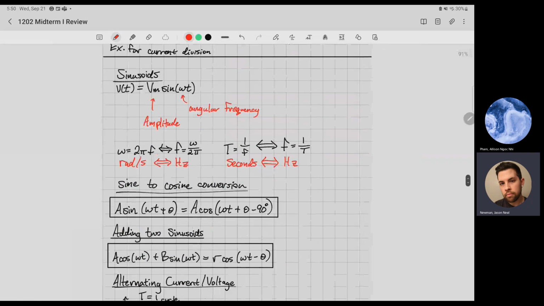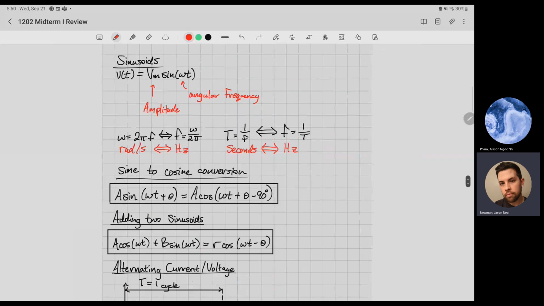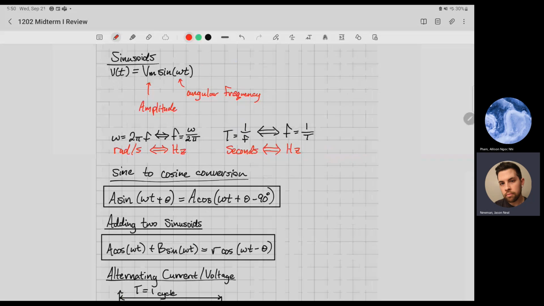So let's get to sinusoids, very fun stuff. Basically, if you have a voltage V of t, what that's saying is the name of the function is V, voltage, and you're in the time domain t.